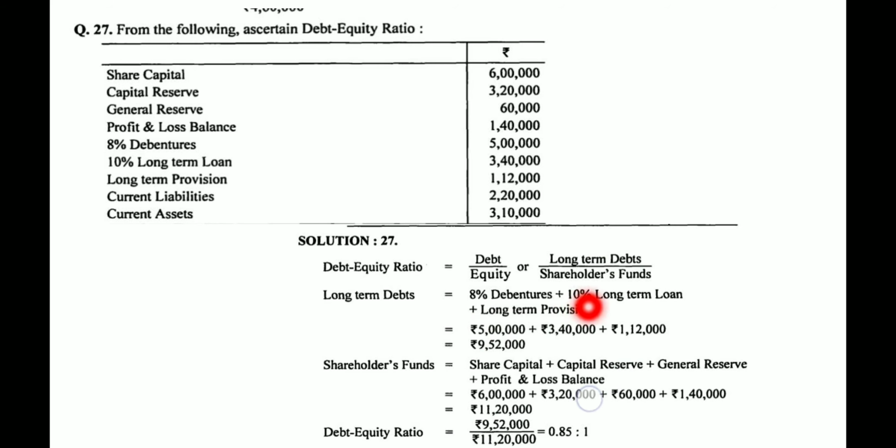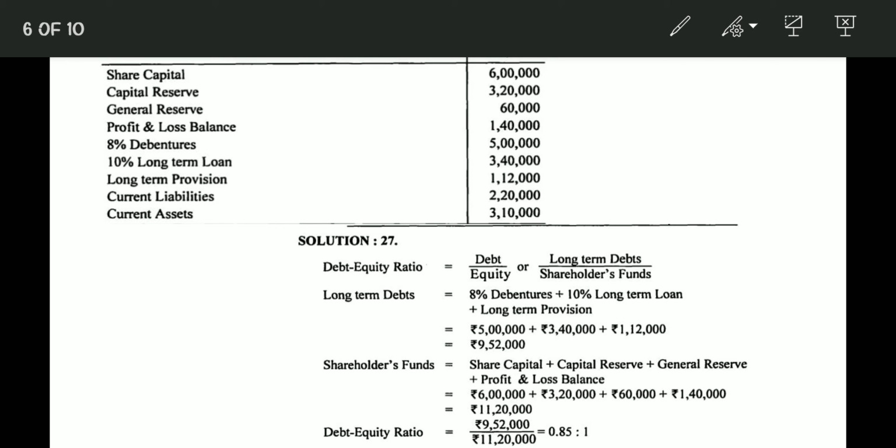Okay, and after that shareholders' funds, so share capital, capital reserves, general reserves, and P&L balance are included. Now dividing by this, you can find out the debt equity ratio, that is 0.85:1. It is also a good ratio because it is below the ideal ratio, and below one is good because we are less dependent upon debt.